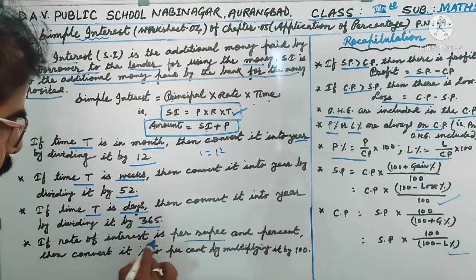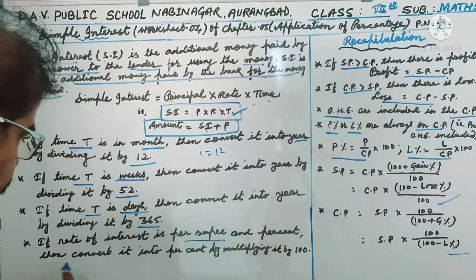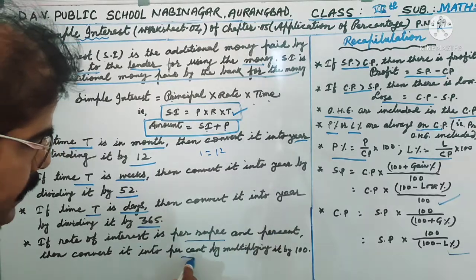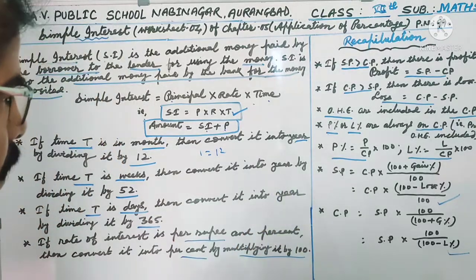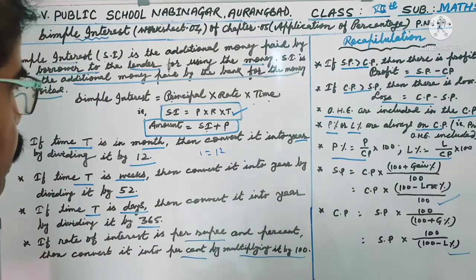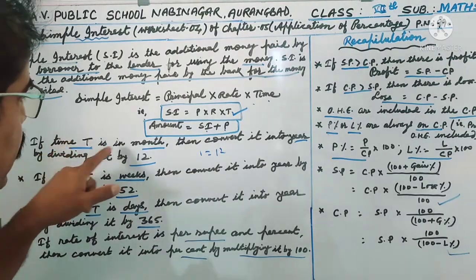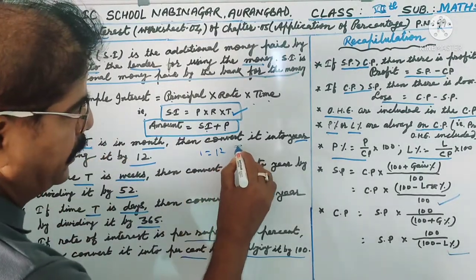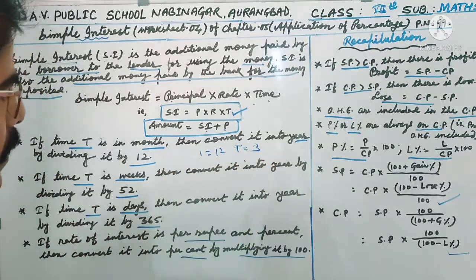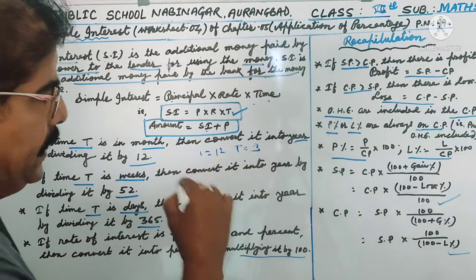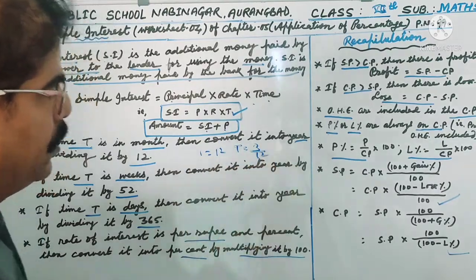And the last point, if rate of interest is per rupee, then convert it into percent by multiplying it by 100. For example, if T is in months, suppose we are given T equal to 3 months, you convert it into years by dividing 3 by 12.